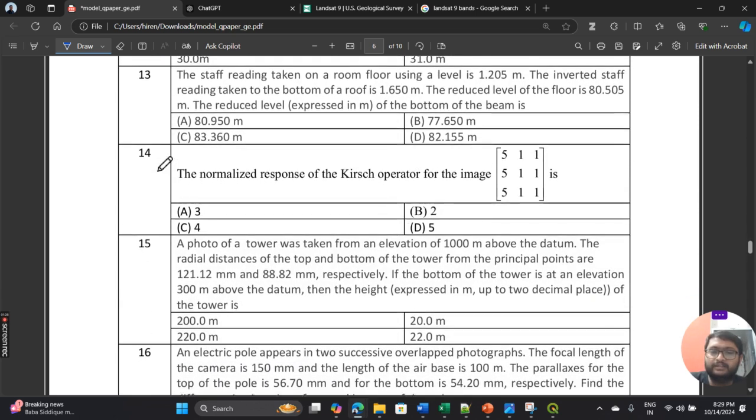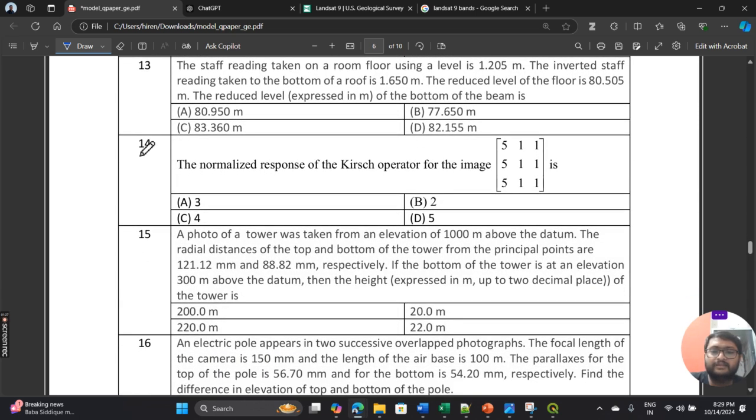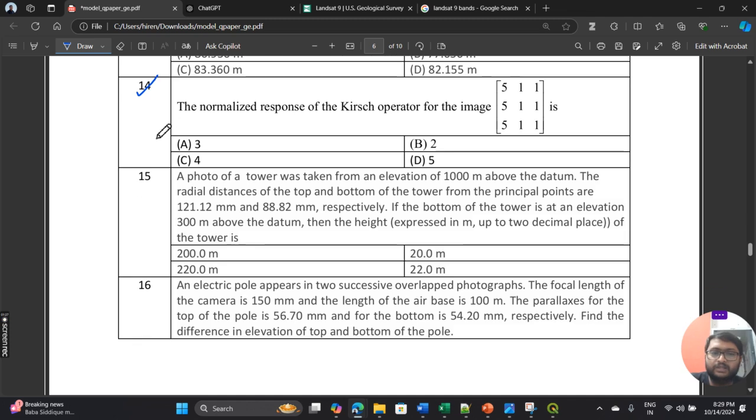Then these are the questions on surveying. Then this is, I don't know, a model paper, they have integrated it over here, but this is how we get the response of this convolution. We learned this while using filtering.